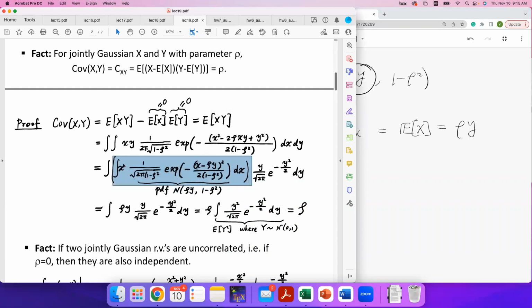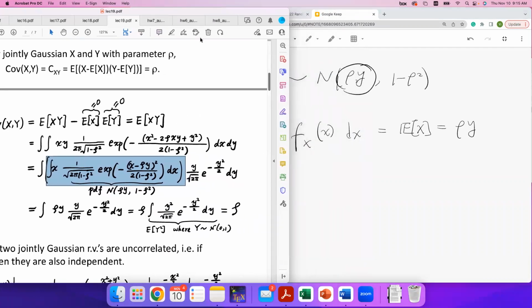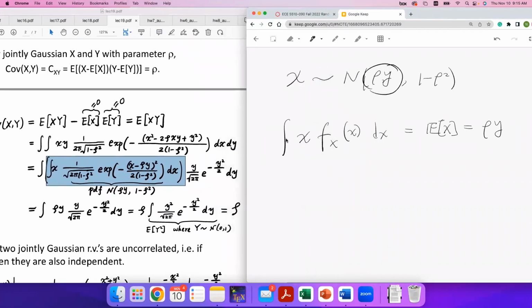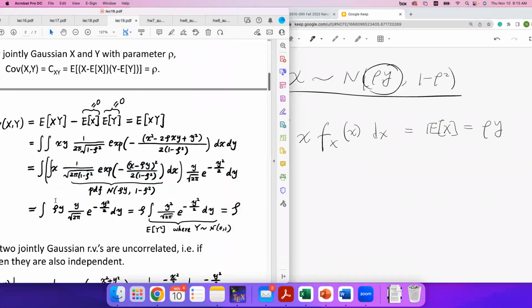Just by observing that this corresponds to computing the expectation of x, where x follows such a Gaussian distribution, it's basically the mean, where the mean is rho times y. That's why we get this rho times y. And the rest of the part is everything about y.